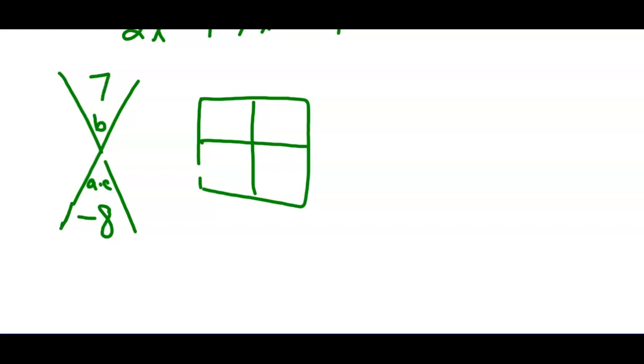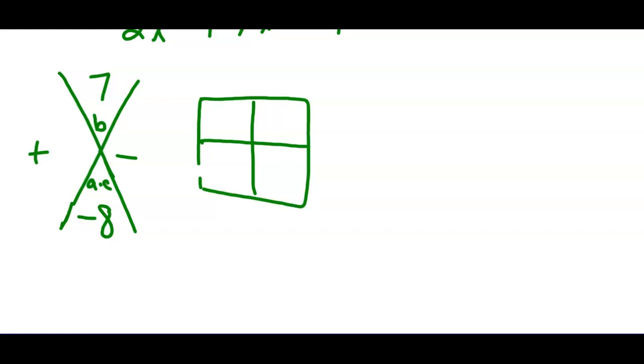If my numbers are multiplying to a negative, are these 2 sides same sign or different signs? Different. They have to be different signs. If it's multiplying to a positive, they're same signs. So I have to have a plus here and a minus here. If you do that for yourself, you will be more successful in this.